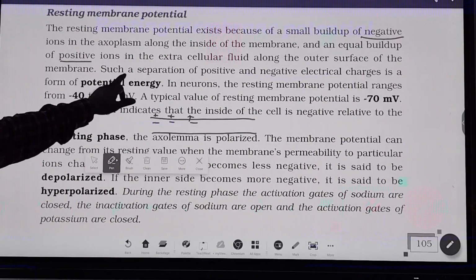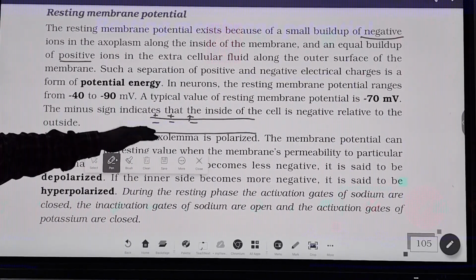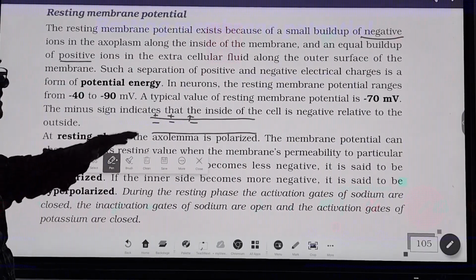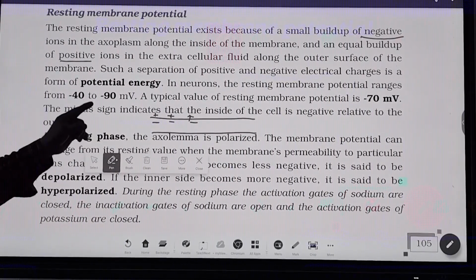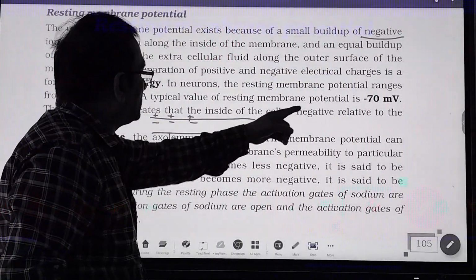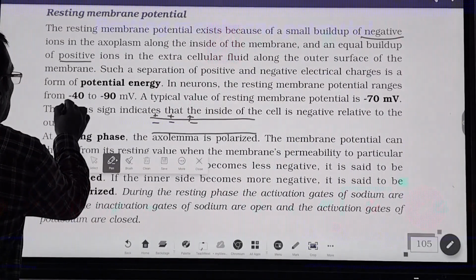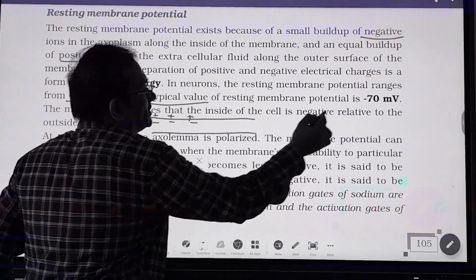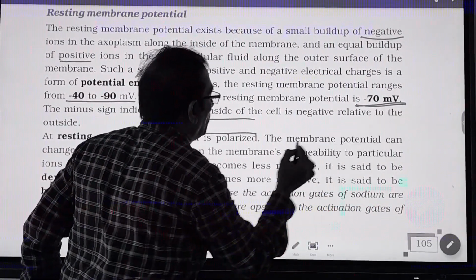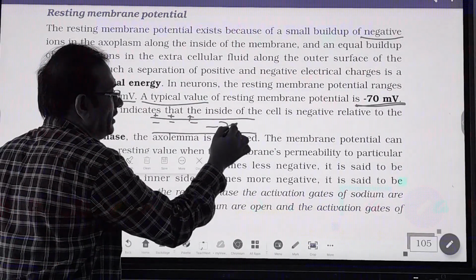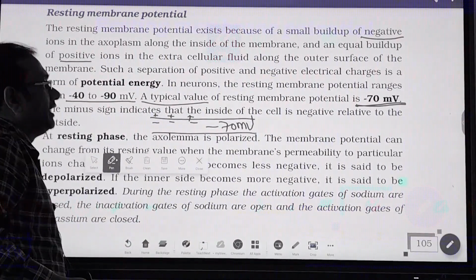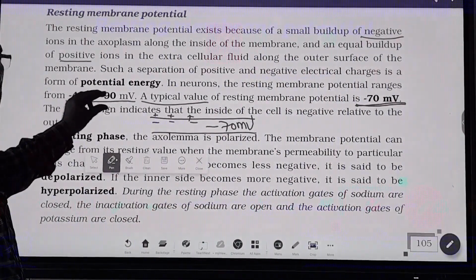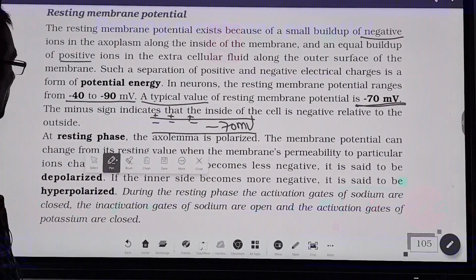Such a separation of positive and negative electrical charges is in the form of potential energy. In neurons the resting membrane potential ranges from minus 40 to minus 90 millivolts. A typical value is minus 70 millivolts. So here minus 70 millivolts of electrical potential energy is present along the length of the axolemma.